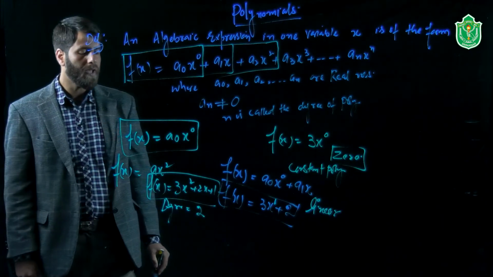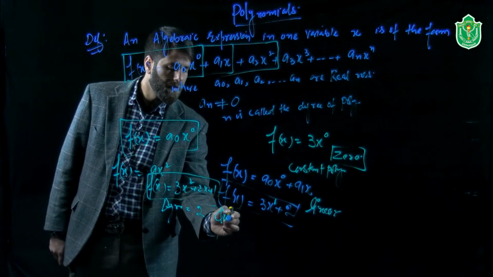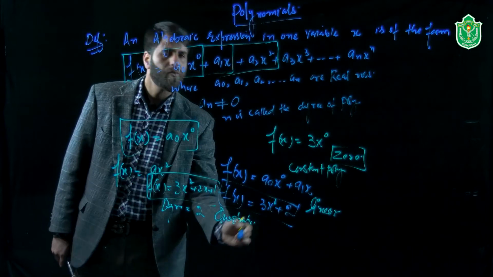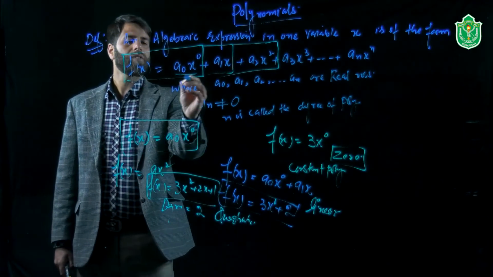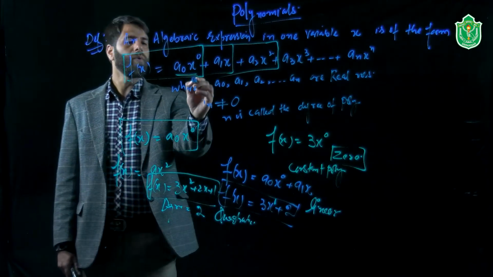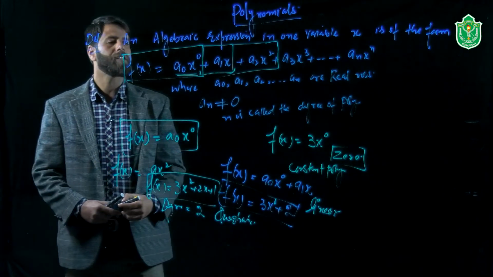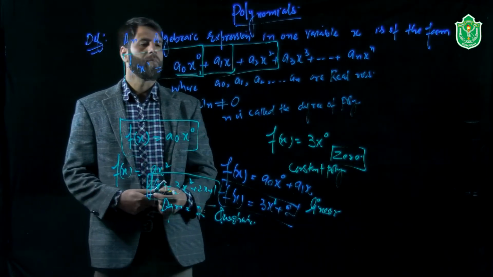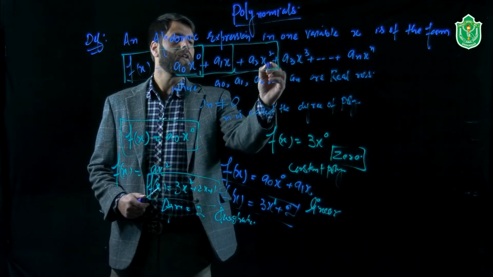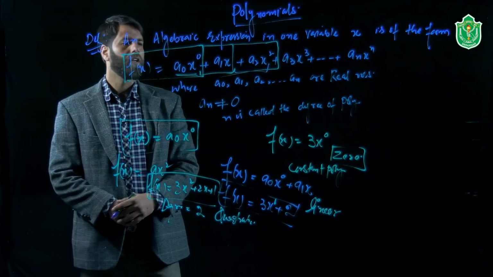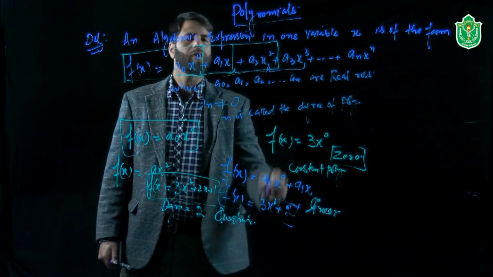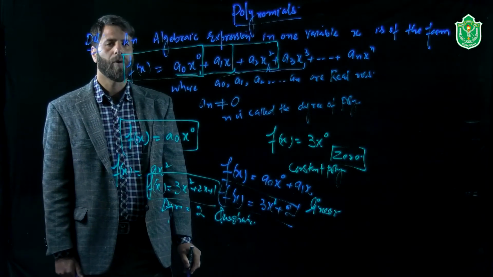So the polynomial is called a quadratic polynomial. Likewise, the first term gives us the constant polynomial, the second gives us the linear polynomial, the third gives us a quadratic, and the fourth place gives the cubic polynomial.